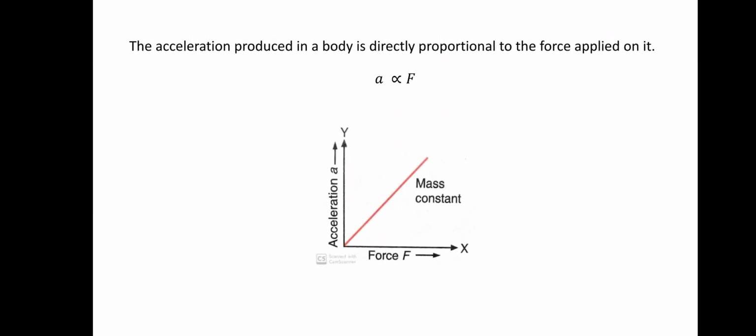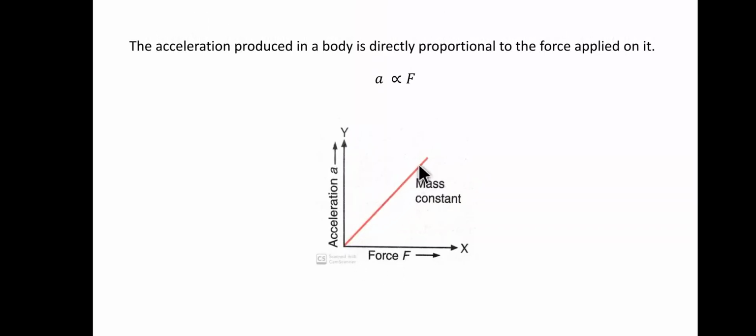Now the acceleration produced in a body is always directly proportional to the force applied on it. So we can say acceleration a is directly proportional to F. This relation can be shown with the help of a graph, plotted as force versus acceleration.